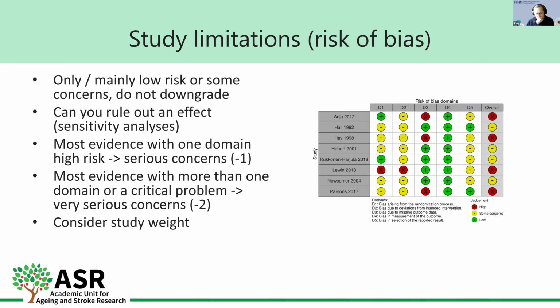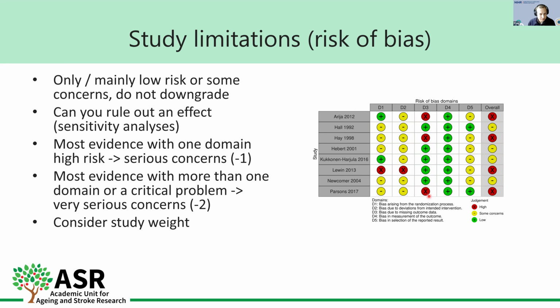So here we have a number of studies which are at high risk of bias. My starting assumption would be that we have serious concerns, because in general these ones which are high risk of bias come from one domain only.